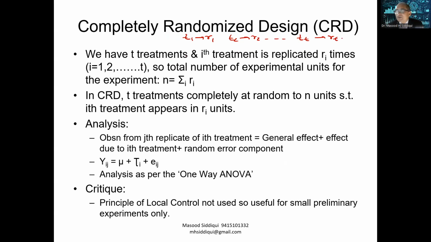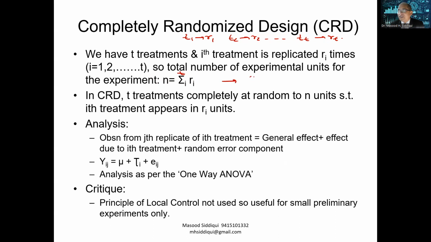These are the replications. So the total number of experimental units would be r1 plus r2 and so on, that is the summation of r_i from i equals 1 to t. So these are the experimental units.